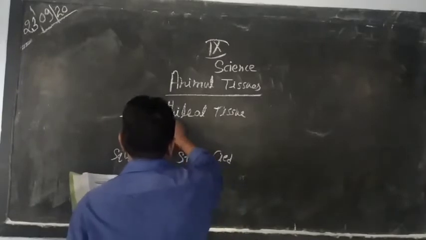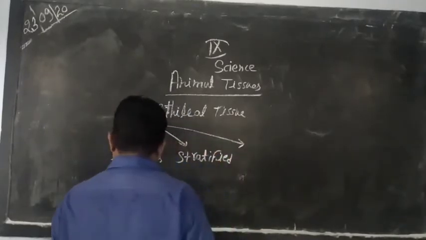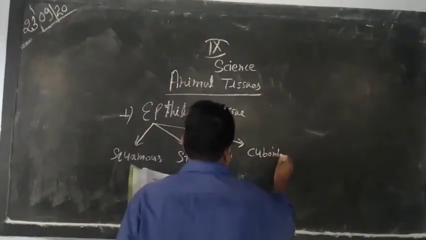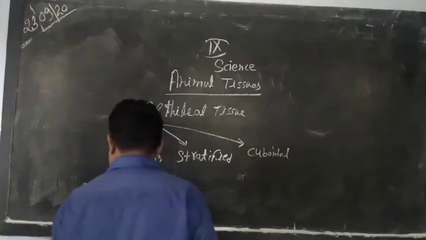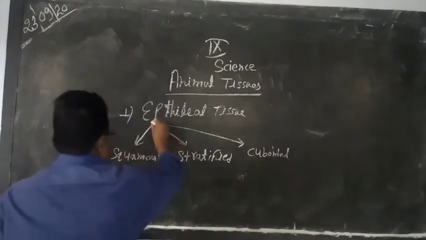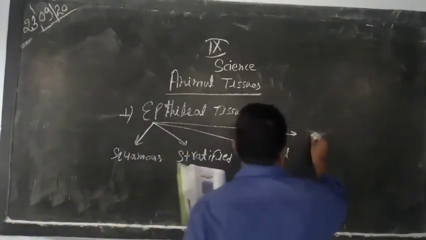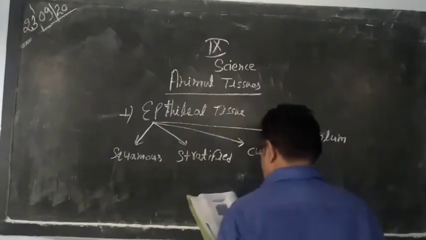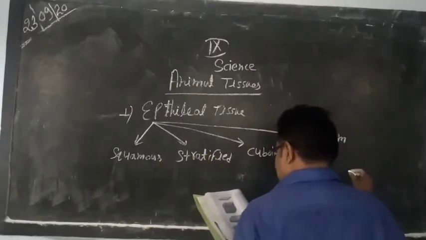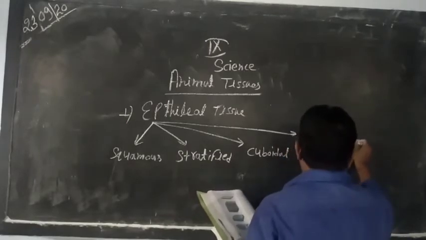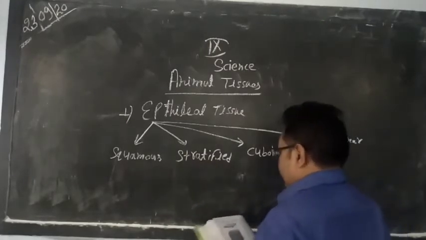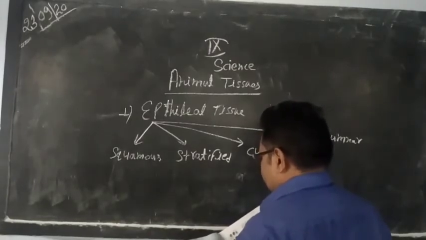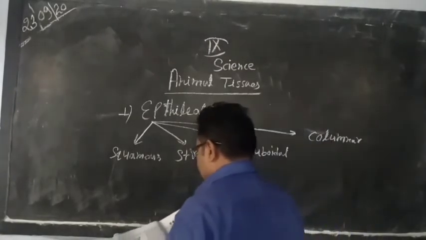Third one is cuboidal, and last one is columnar, or ciliated columnar. Now, first one is squamous epithelial tissue.